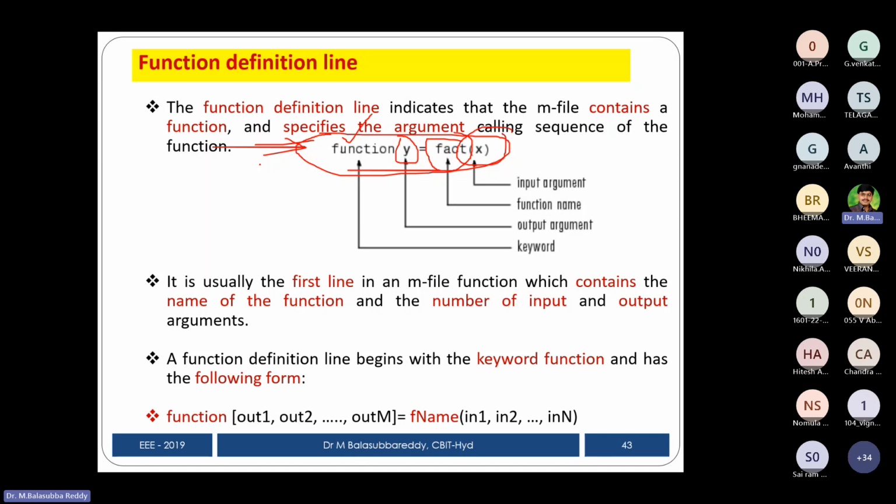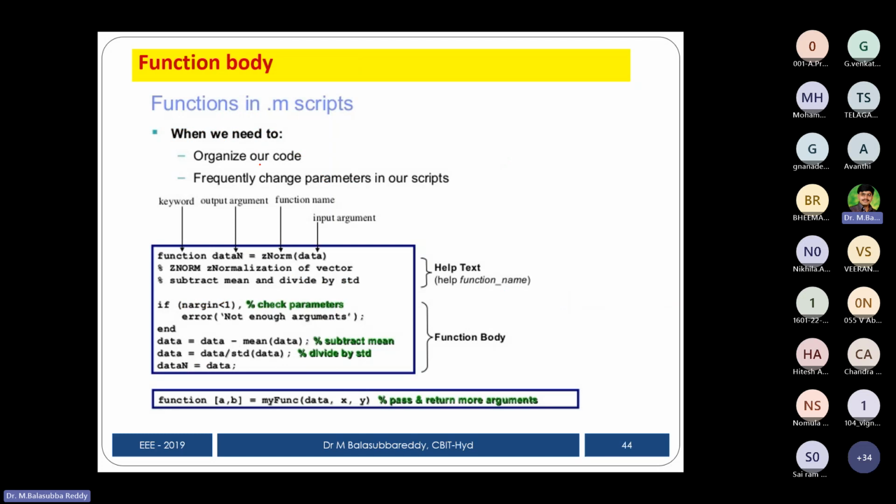Function, output variable equal to function name, input variables, within brackets. You pass the argument, that is input data, and it will return the output by executing the function. Therefore, from another program we may also get the data to execute this.